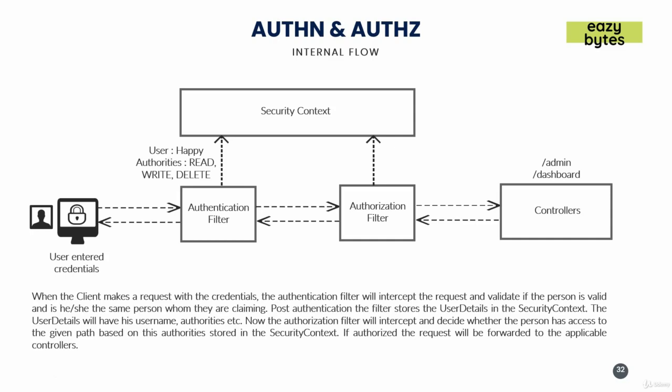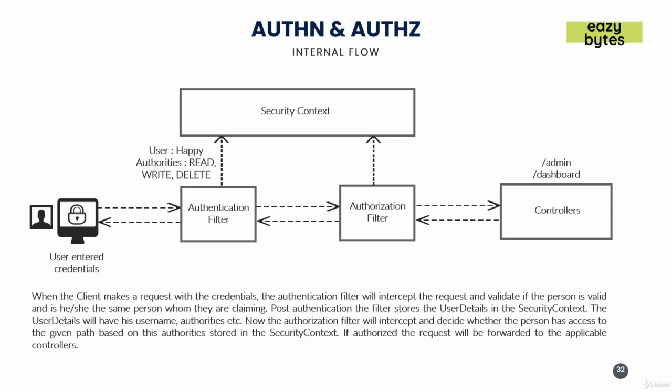But for now, assume you configured authorization inside your application. The authorization filter also comes into the picture and tries to load the user details from the security context. When I say user details, along with his name, email, and all other details, it will also load the authorities or roles that the user is associated with.